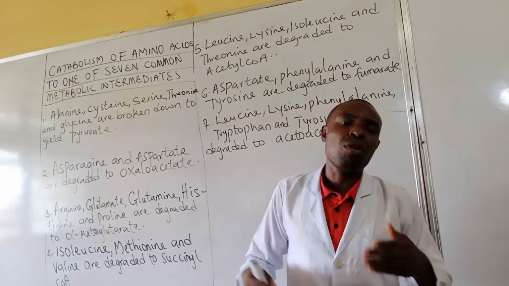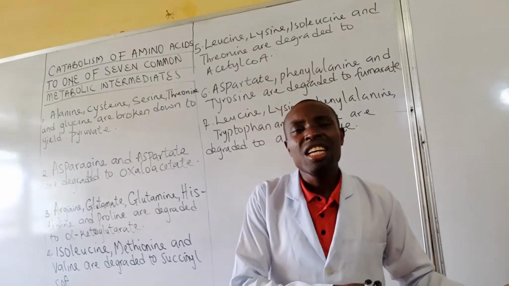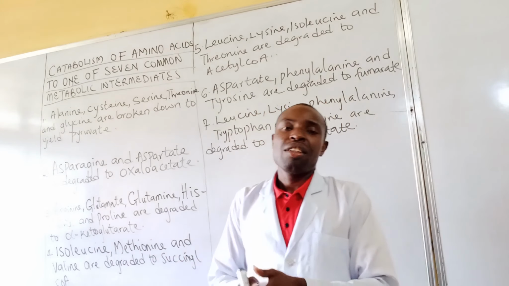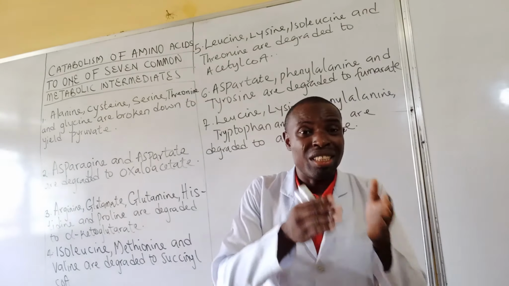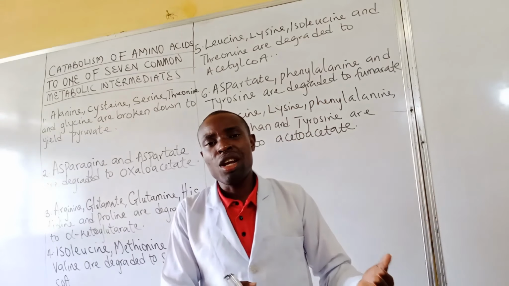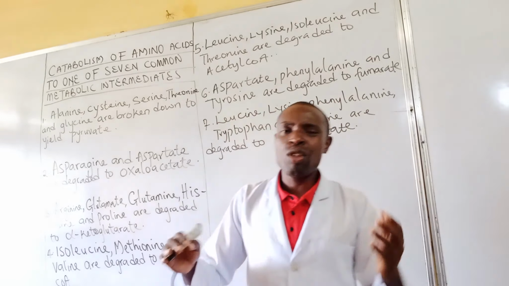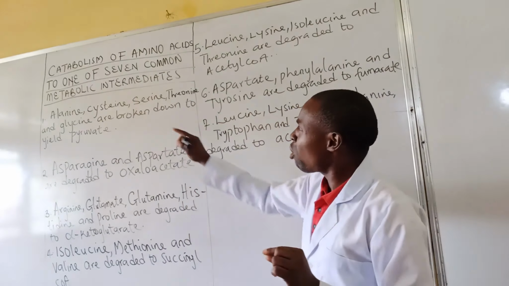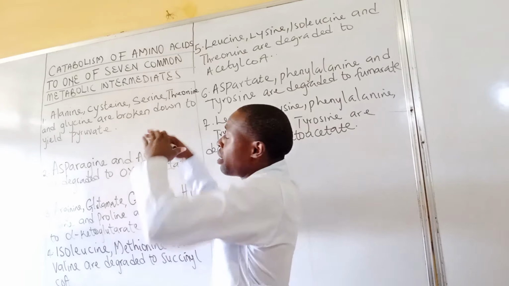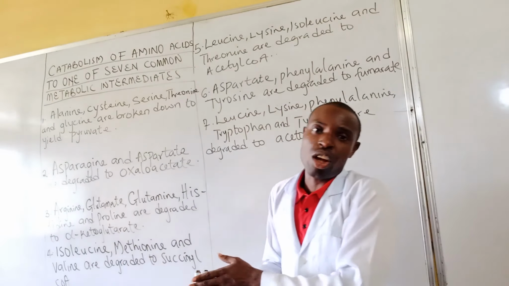And if we say that leucine or lysine is a ketogenic amino acid, we are simply saying that it can be broken down to yield acetyl-CoA or acetoacetate. In this video, we'll be briefly talking about each of these amino acids and the intermediates we have right here on the board.